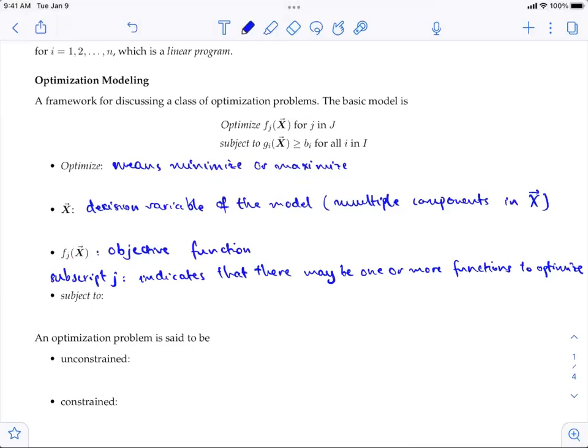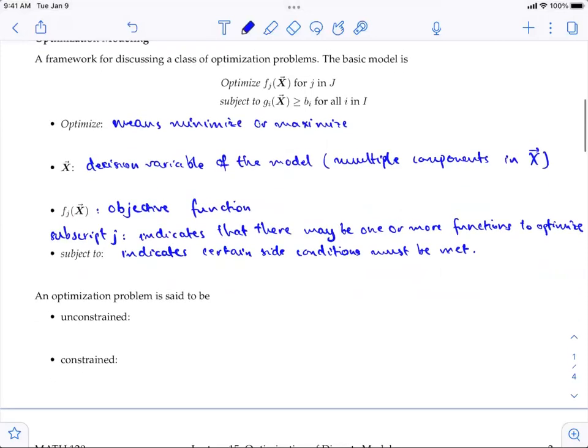And the last wording in this particular framework is subject to, which indicates certain side conditions must be met. These side conditions can be classified into two groups. It's either called an unconstrained optimization problem or a constrained optimization problem.